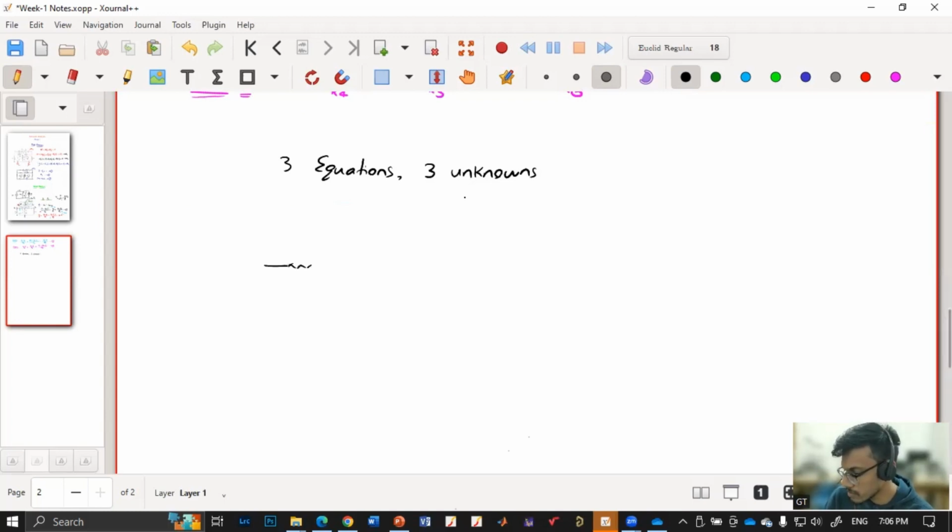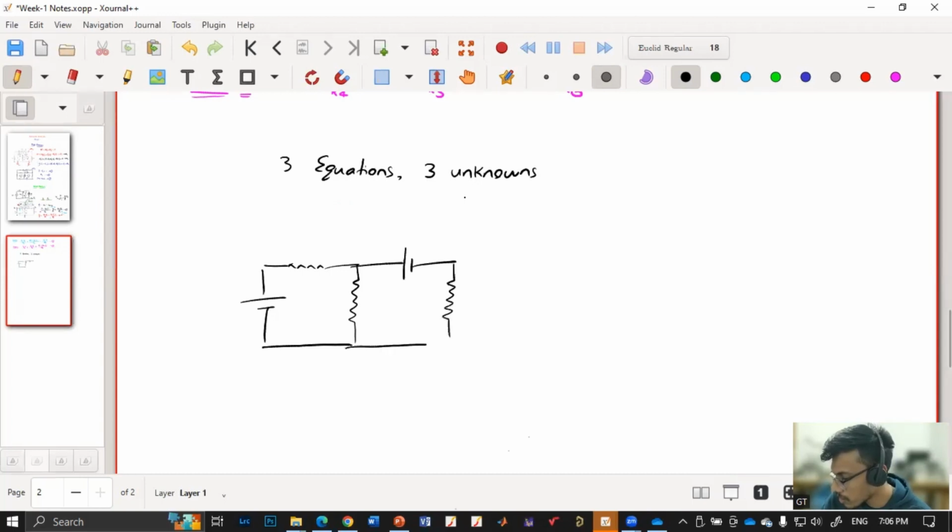I have been given some circuit like this. I'll again consider the junction of 3 branches. Say this is VA and this is VB. Now I have 2 equations, 2 unknowns.